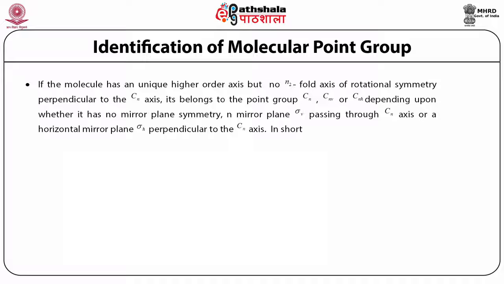We have seen all the symmetries which are possible in the molecular point groups, but given a particular molecule, how to identify to which point group it belongs can sometimes be done easily by noticing a few important features.